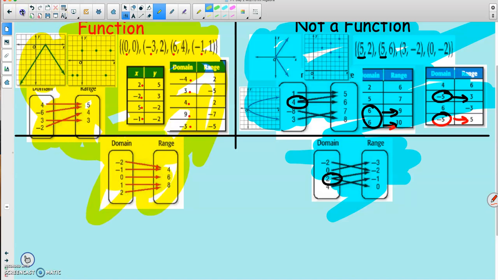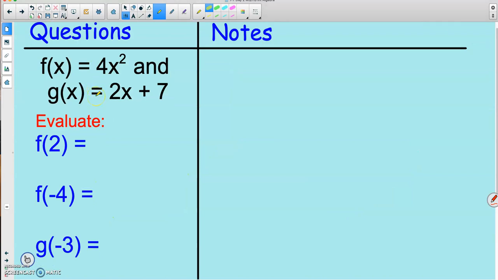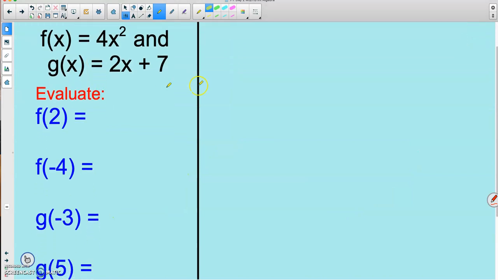Okay. Next up, now we're working with function notation. So this is where we start with our function rule, and then we have to plug it in to the correct function and simplify. So here's my first function rule. First one says f of 2.